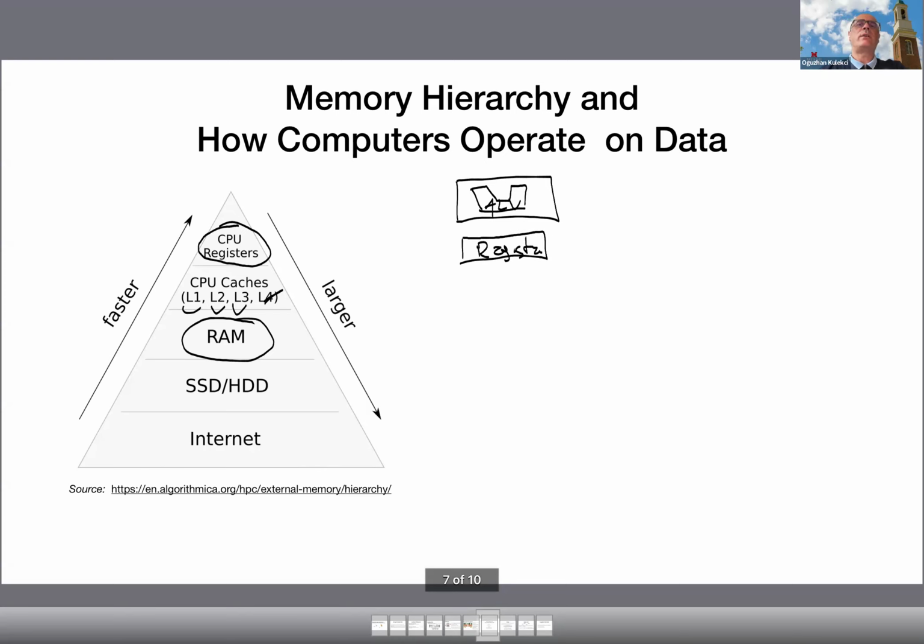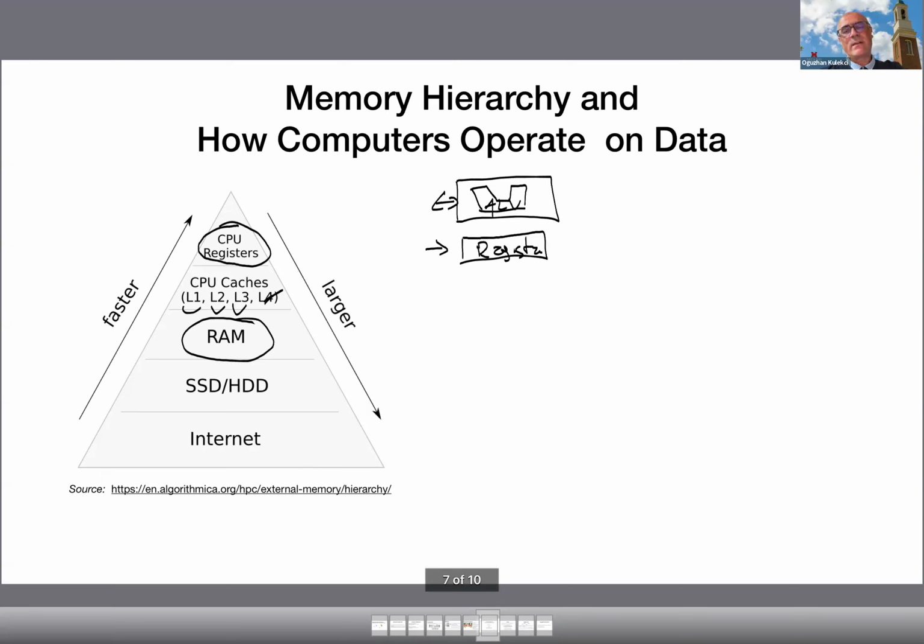When the instruction is being executed on this arithmetic logic unit, it first checks whether the data is ready in the registers. If it is, it can just access it and do it very fast, lightning fast. This is the first level.